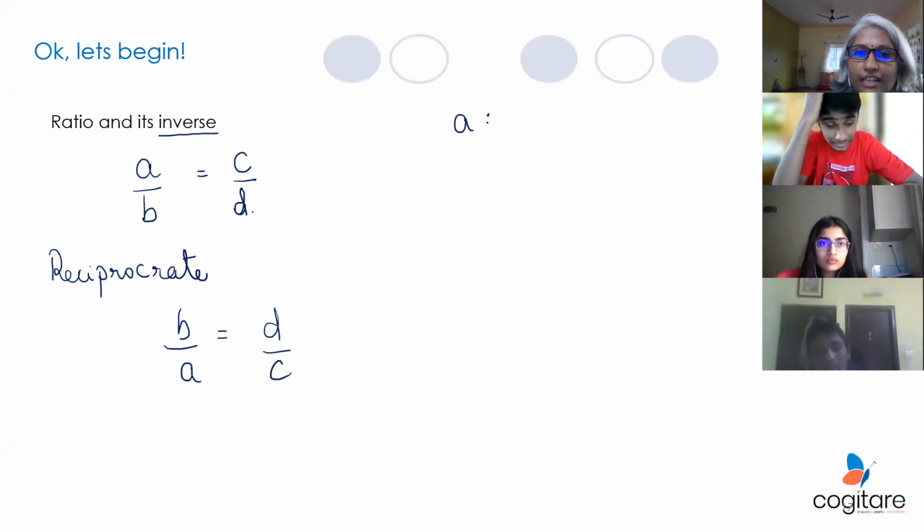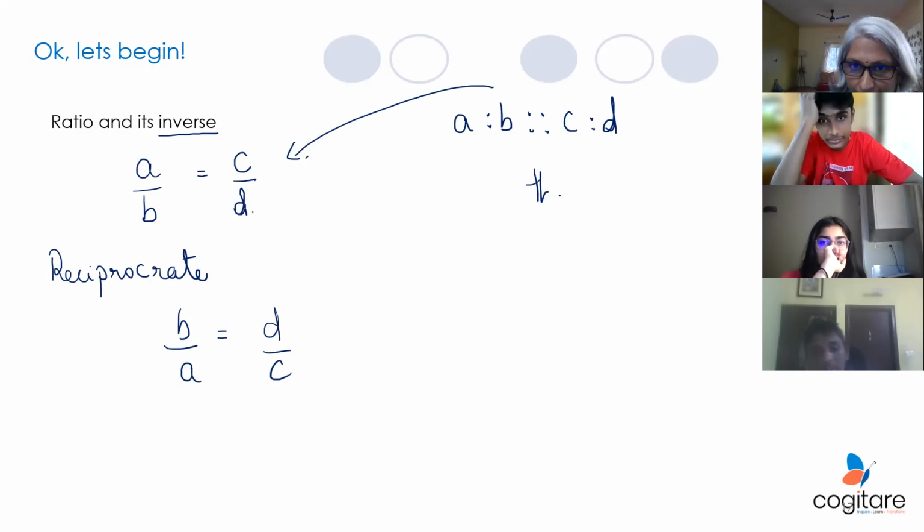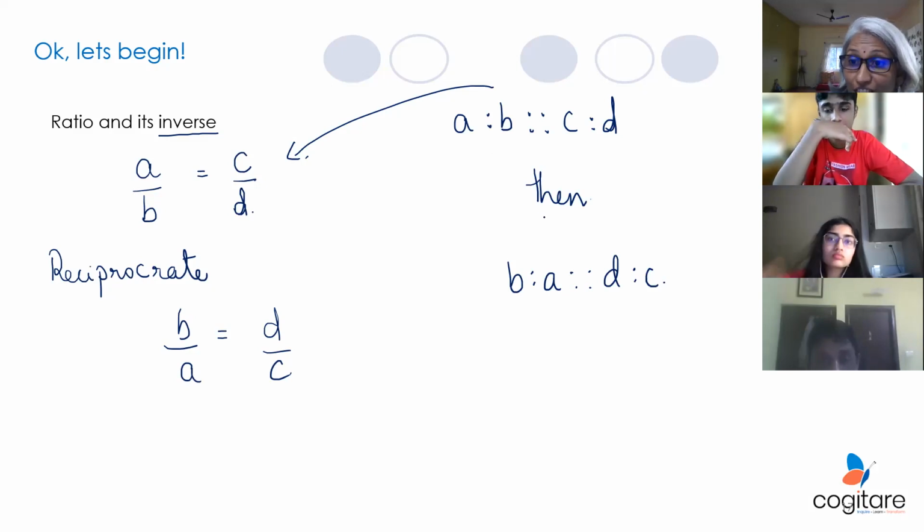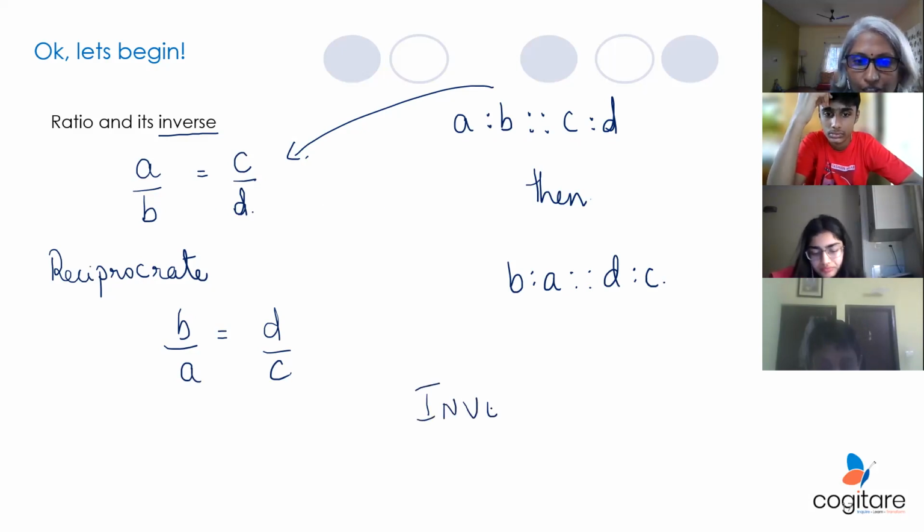So if A is to B is as C is to D, then the first theorem is, B is to A is as D is to C, which means you have just inversed the places. This theorem is called invertendo.